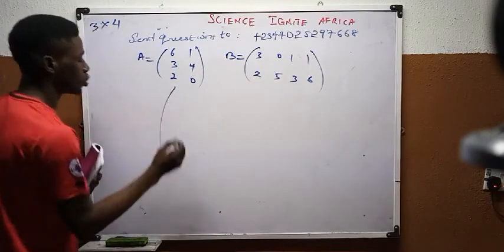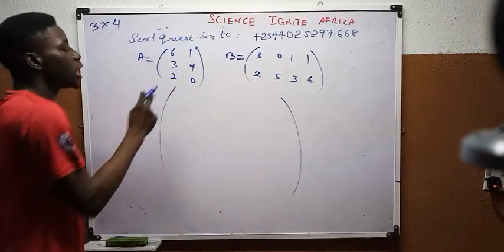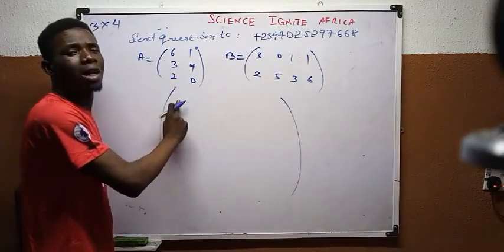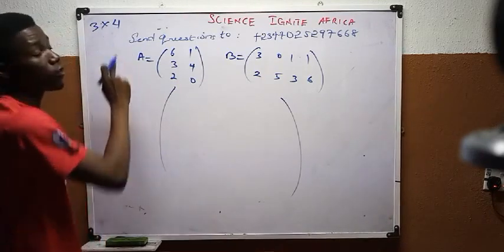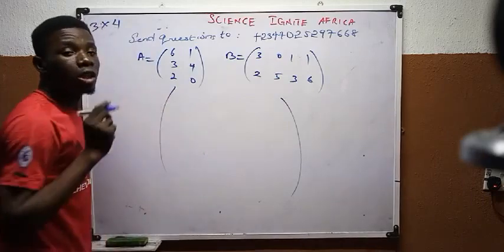So let us put our bracket out. The first element here belongs to us, row 1, column 1. Don't forget we are getting a 3 by 4 matrix. So we will have the element that belongs to row 1, column 1.